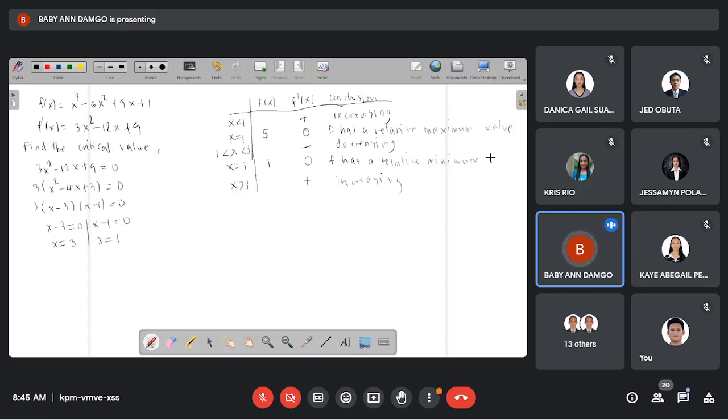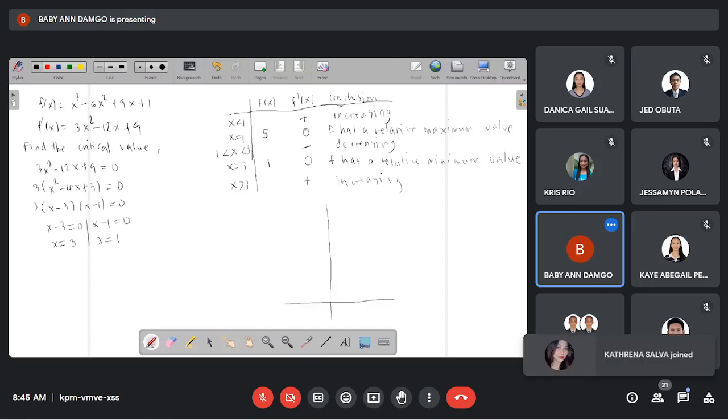Now we can graph. So we have here 1, 2, 3, 4, 5. So this is 1, 5. And then 3, 1 here.